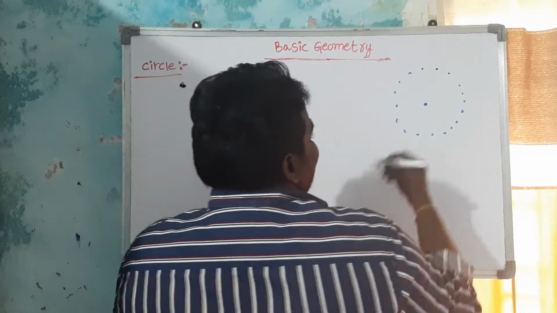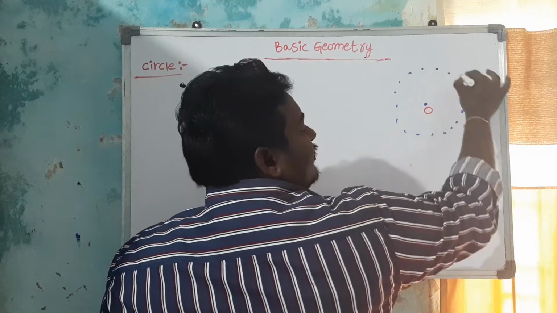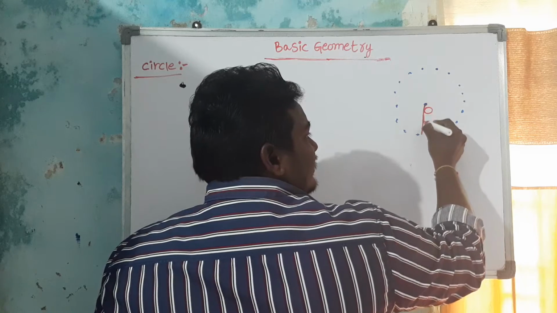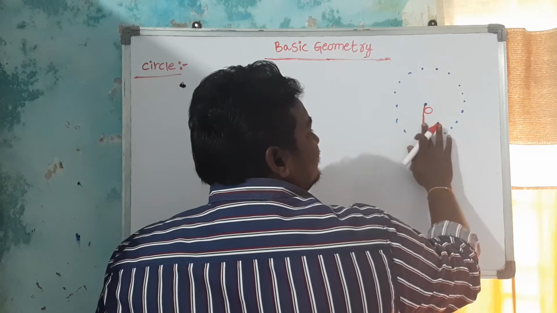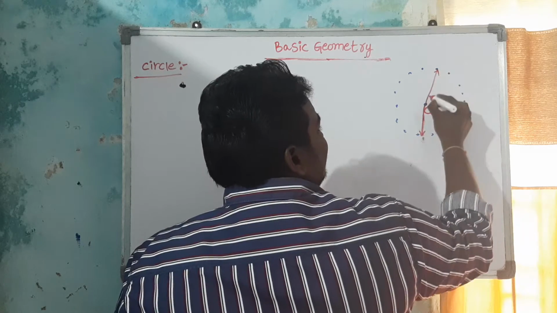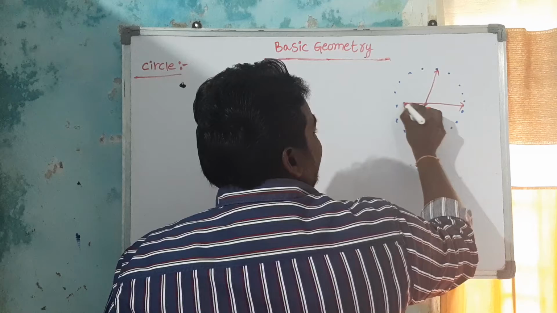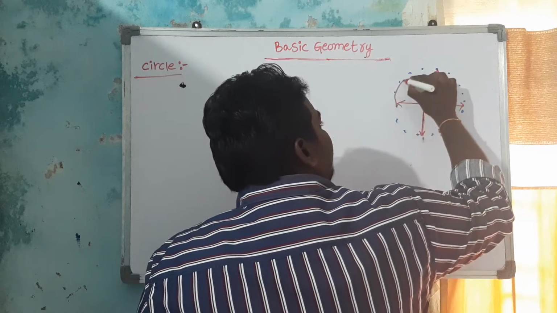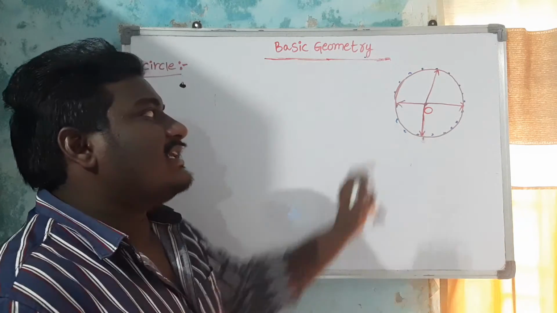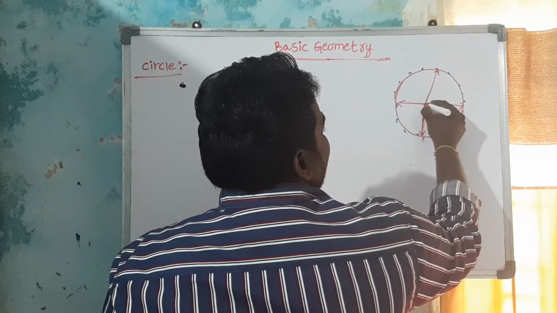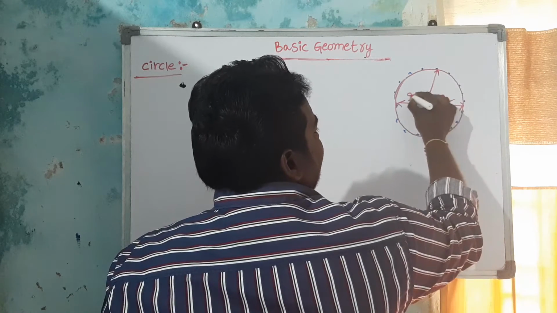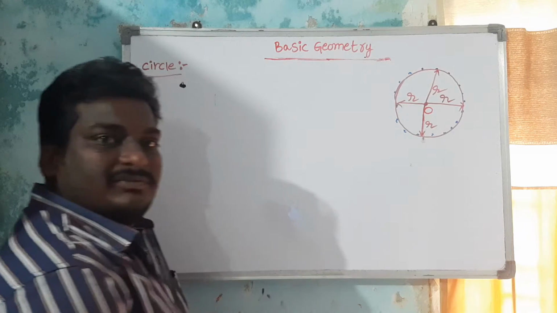If you take this as the center, these are the points equidistant from it. From here to here the distance is the same, and from here to here the distance is the same. A set of points means a combination of points, and this combination of points gives you a circle. The equal distance is called the radius. This is also a radius, and this is also a radius.